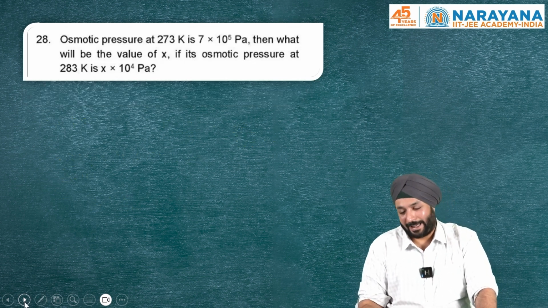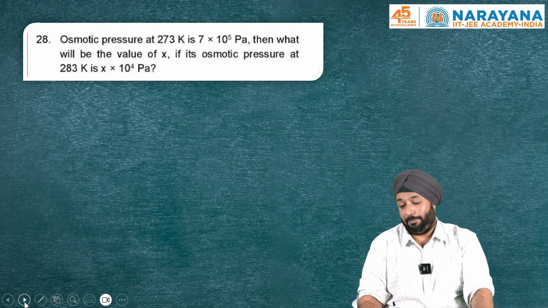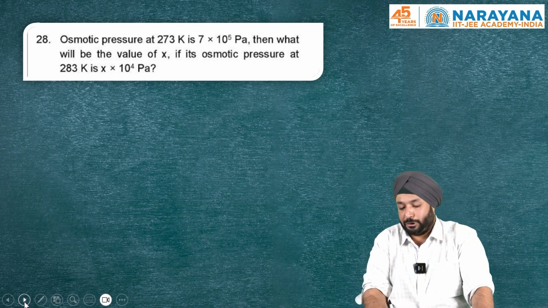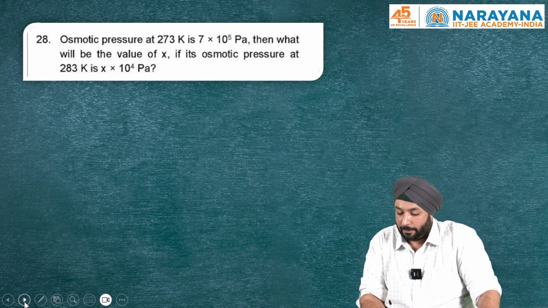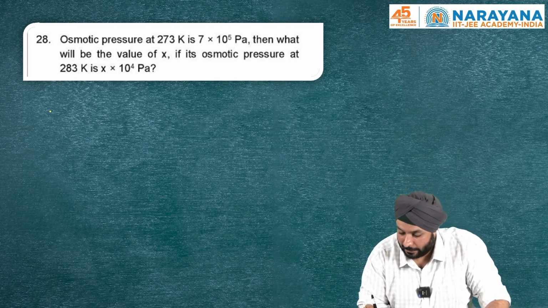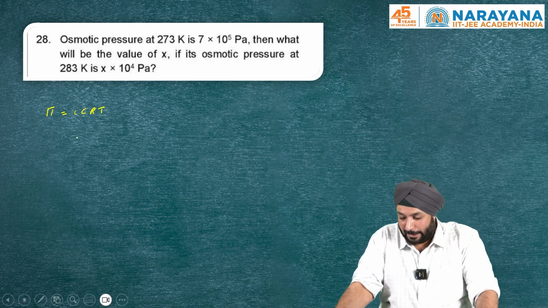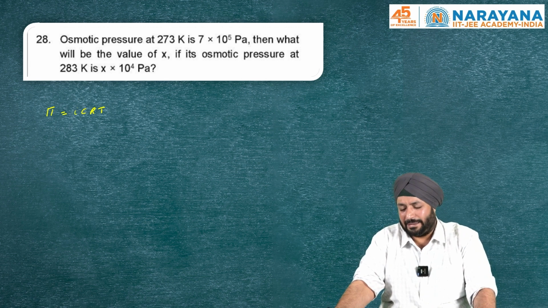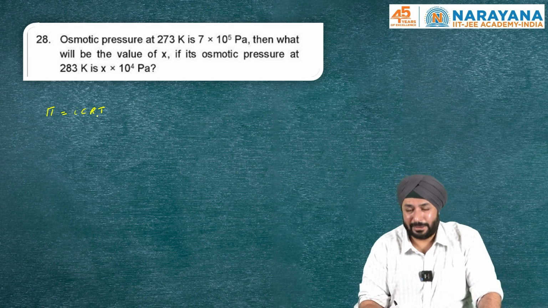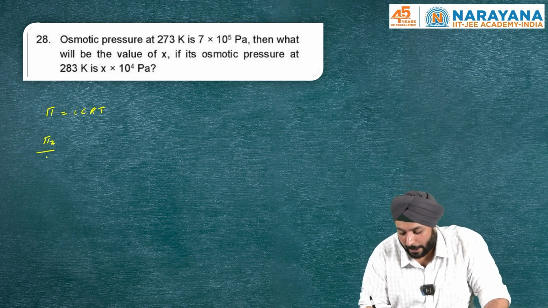Osmotic pressure at 273 Kelvin is 7 into 10 to the power 5 pascals. Then what will be the value of X if its osmotic pressure at 283 Kelvin is X into 10 to the power 4? See, we know that pi is equal to iCRT. Now, in this case, they are just changing temperature, nothing else, and pi is directly proportional to temperature, right? So pi 2 by pi 1 is equal to T2 by T1.